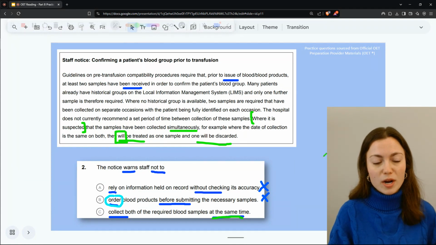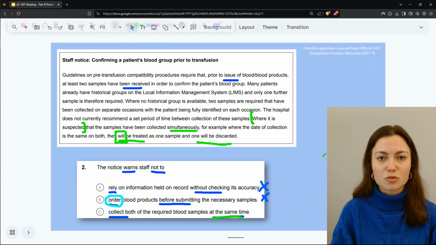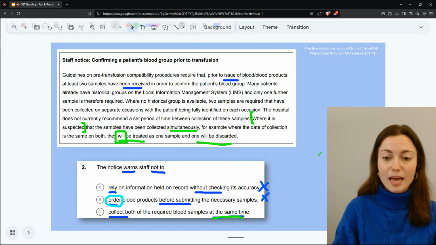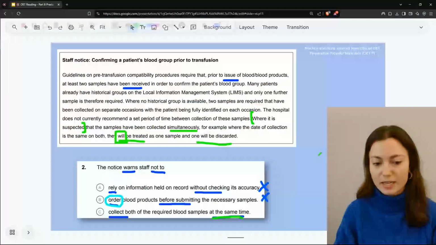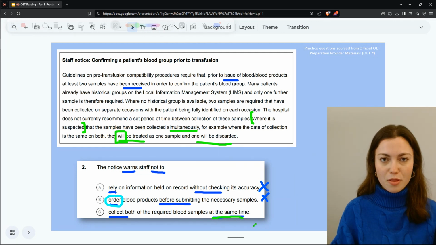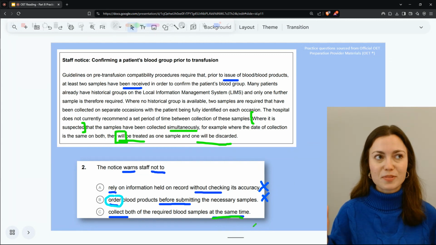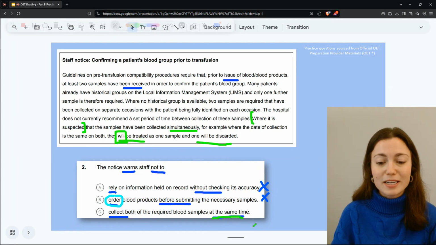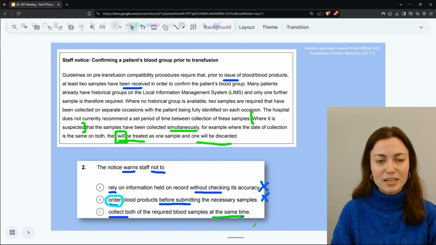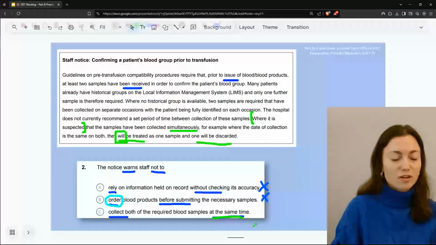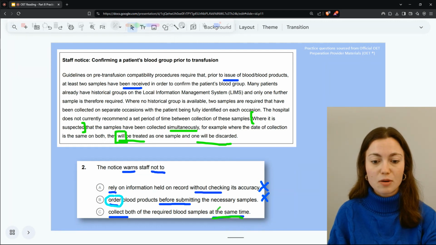And again, what is it testing? It's testing your ability to recognize the subtle language structure of a warning. So yes, the language is not threatening or dramatic, but it is accurate in how it's presenting the condition and then the results that will happen.